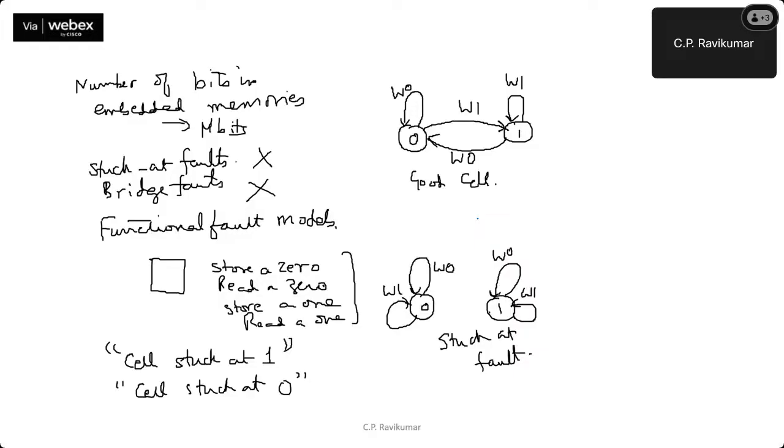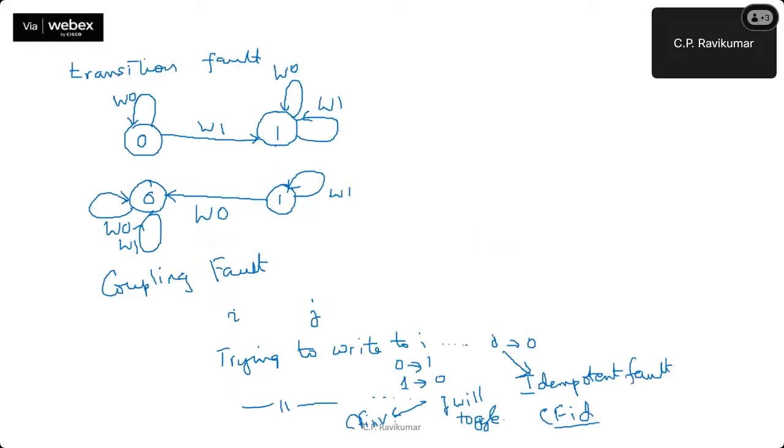We try to write a one and then read it back. We don't get a one, we get a zero instead. So the chance could be that the cell may be stuck at zero. So writing a one and reading it back from each cell and writing a zero and reading it back from each cell, that would take care of cell stuck at faults.